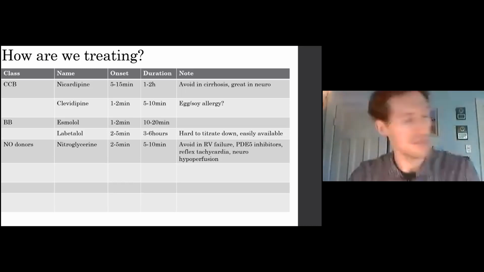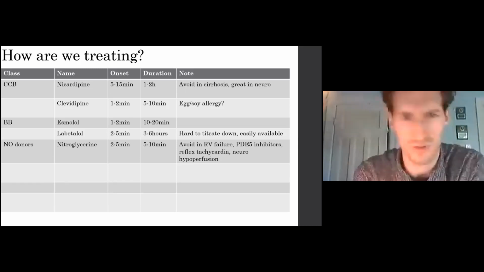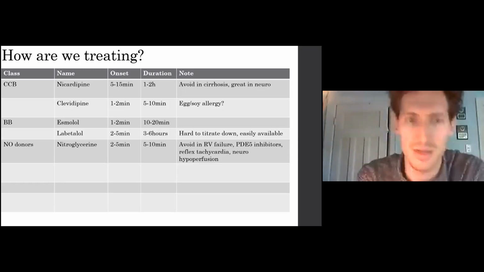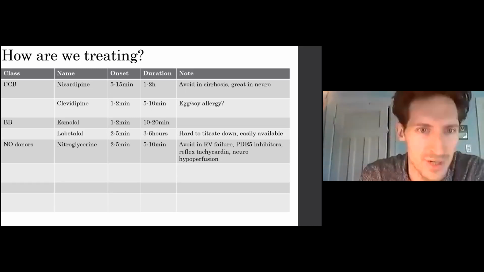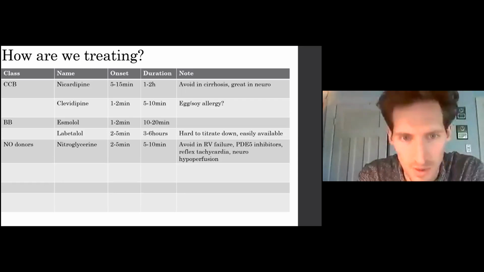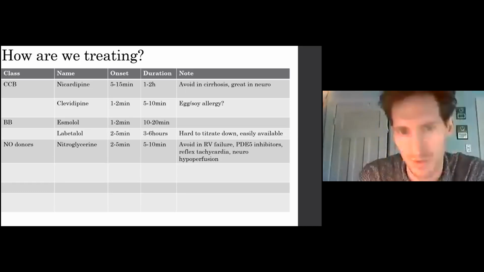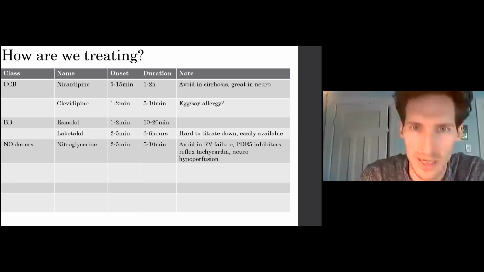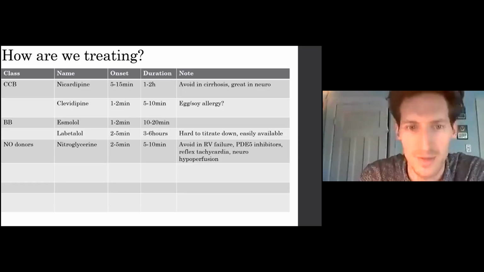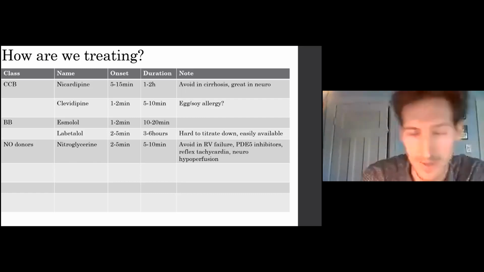As far as the nitric oxide donors, nitroglycerin really is the workhorse of that category. A truly titratable agent, very useful. Obviously, be careful in RV failure, and in people on Cialis, Viagra. It can cause some reflex tachycardia, so it's quite lovely to use with beta blockers.